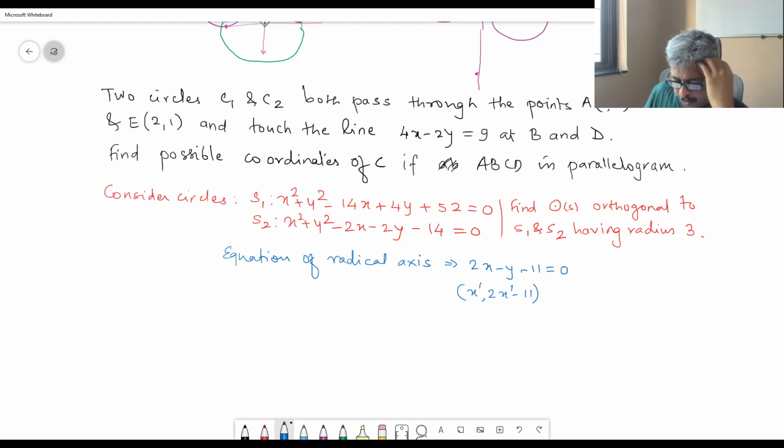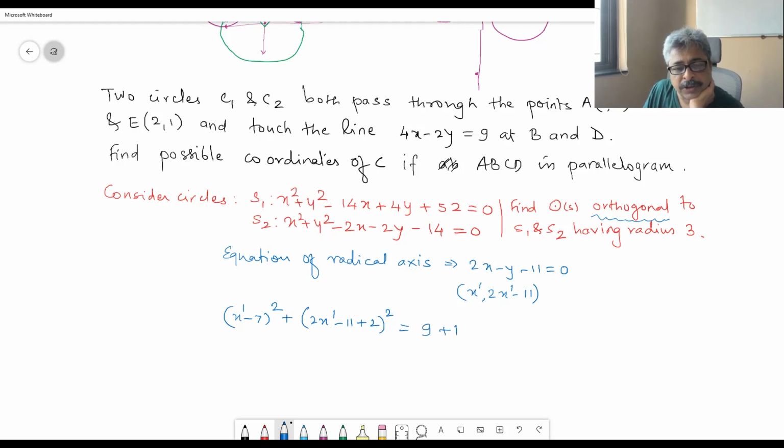Now another condition that we have to use while solving this problem is orthogonality. Find the circle which is orthogonal, correct? So the distance between the centers squared is equal to r1 squared plus r2 squared. So (x' minus 7) squared plus (2x' minus 11 plus 2) squared is equal to 9 plus 1.